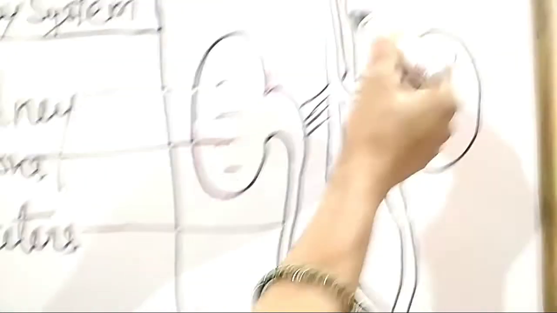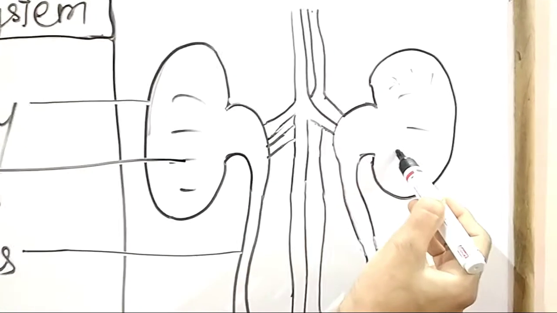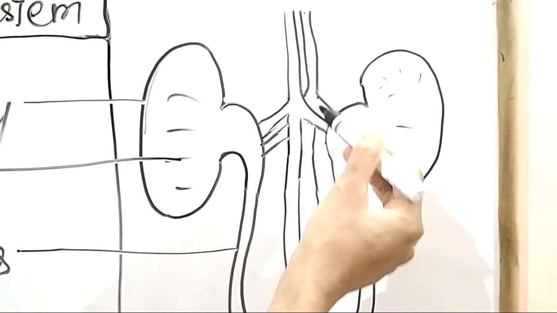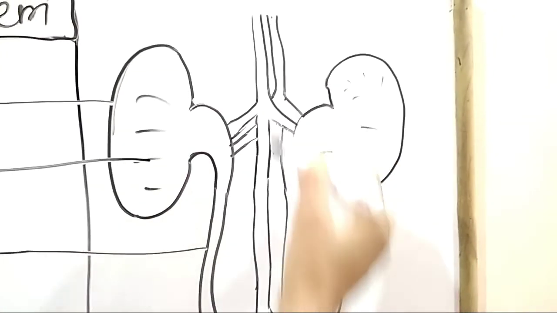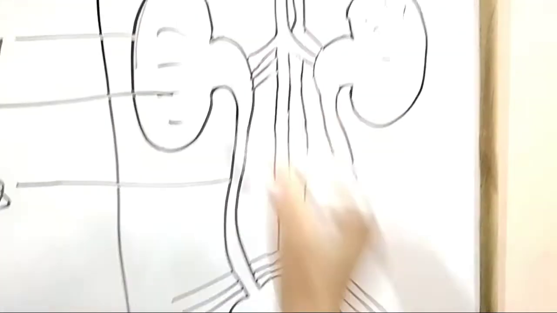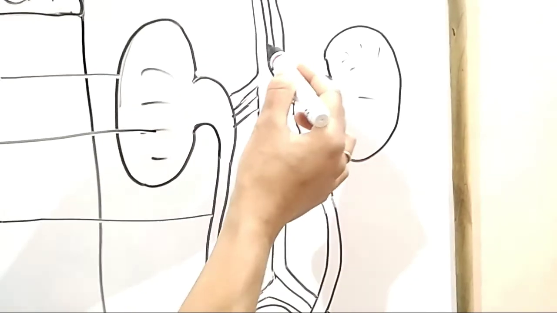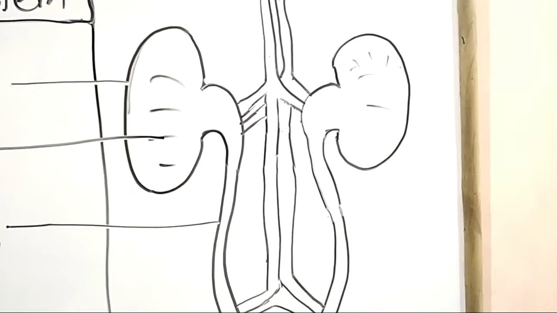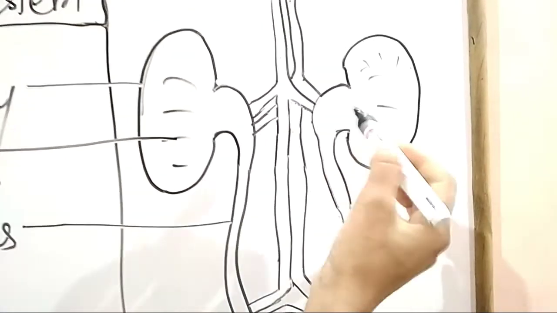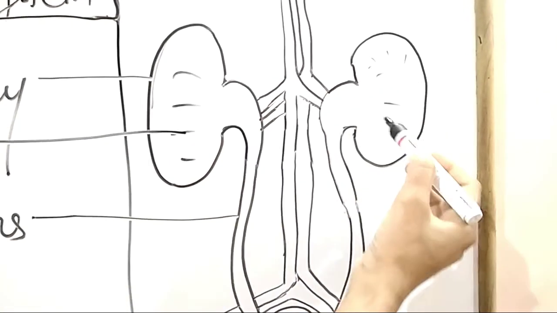So blood is brought to the kidney by the renal artery, and you can see here there are two types of tubes going along with this system. One of them is the renal artery and one is the renal vein.